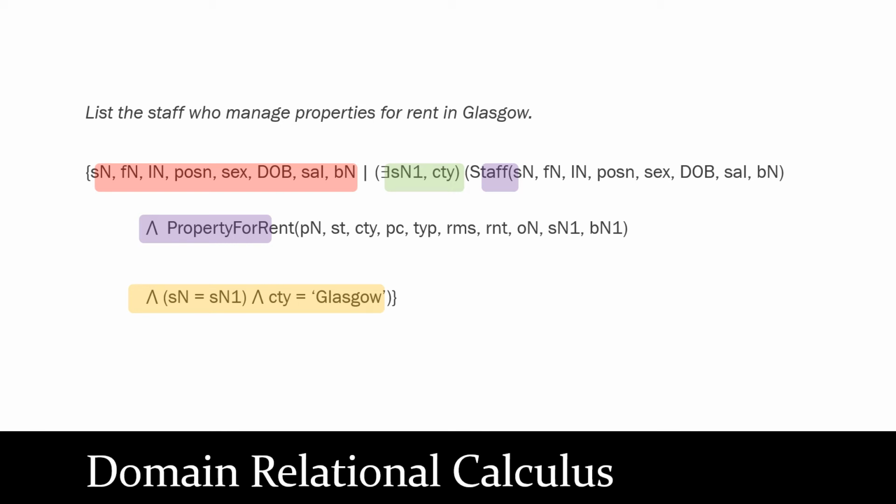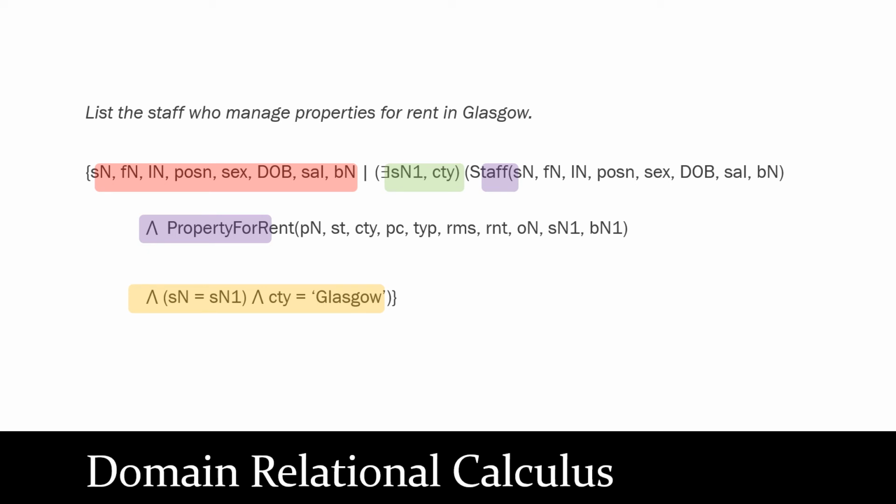And then after we specify all these attributes, we also need to specify the relation that defines all those fields. So there exists SN1, city. These two attributes are the ones that we need to use to join the tables.